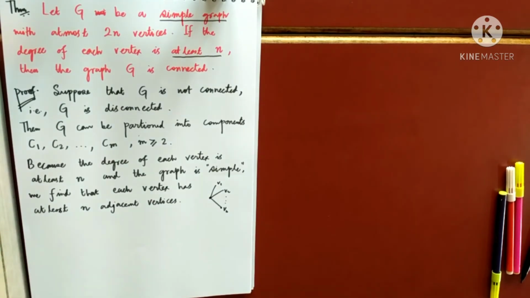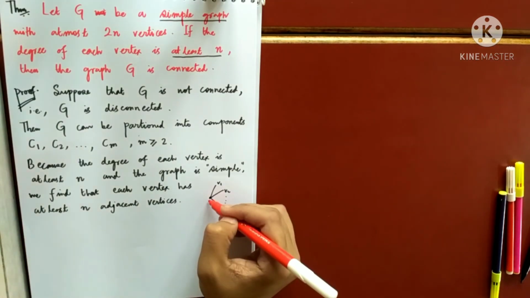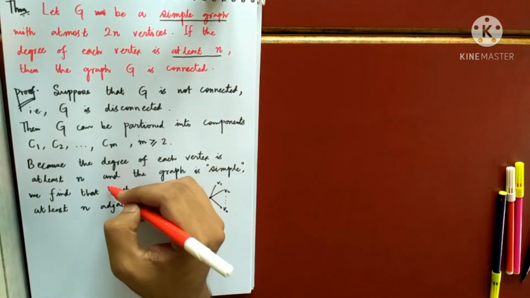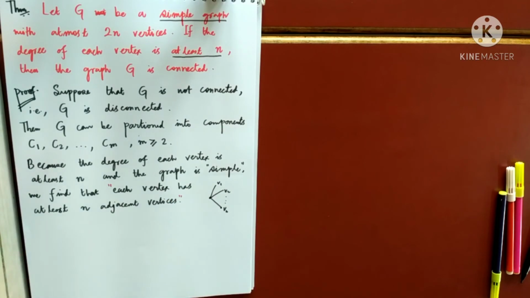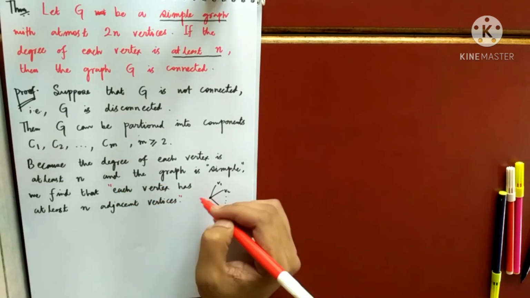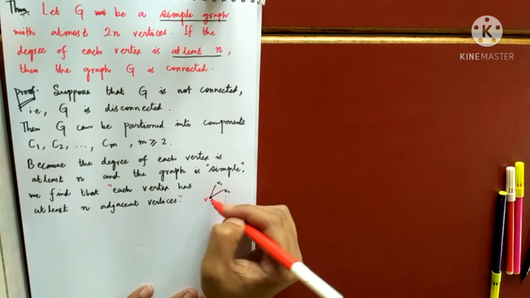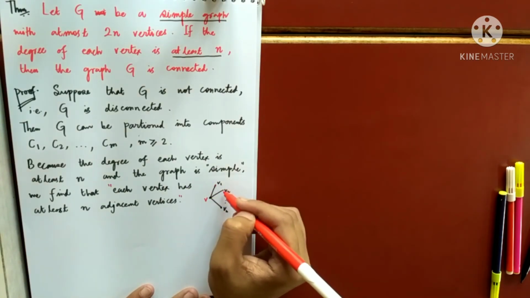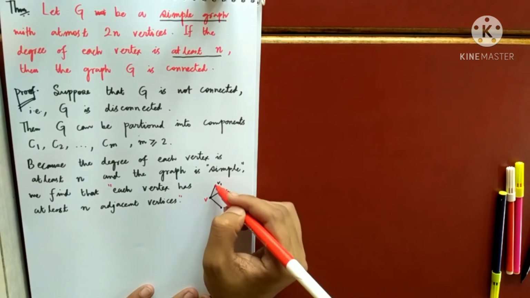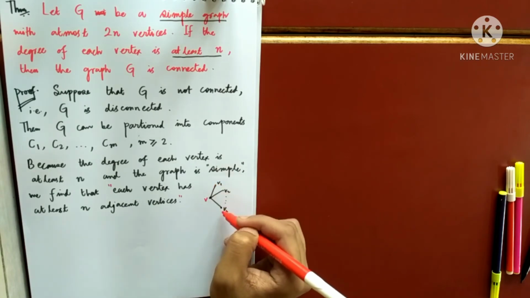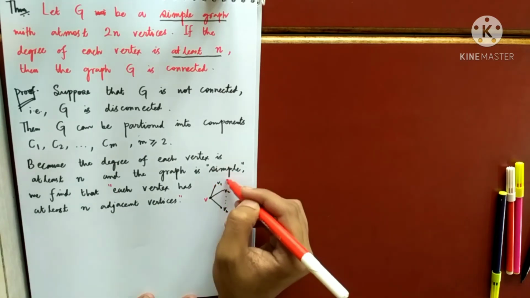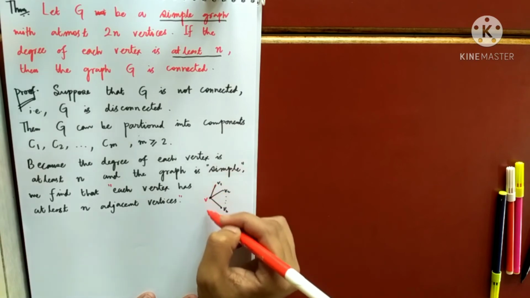Now you try to understand my point. Each vertex has at least n edges, n adjacent vertices. So if you consider any vertex V, this vertex is adjacent to at least n vertices. Now you see, this all will belong to the same component.